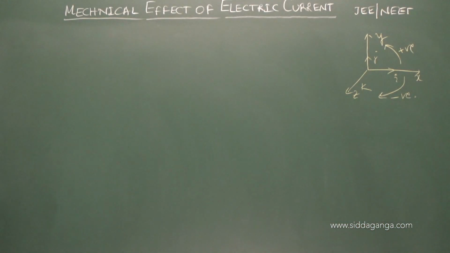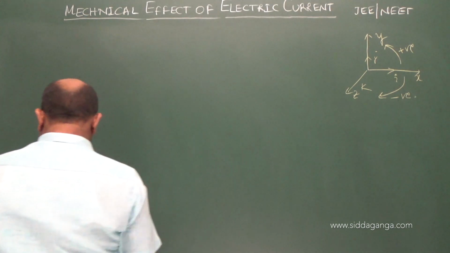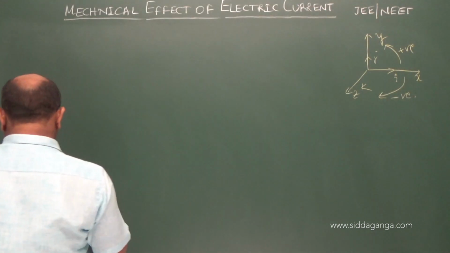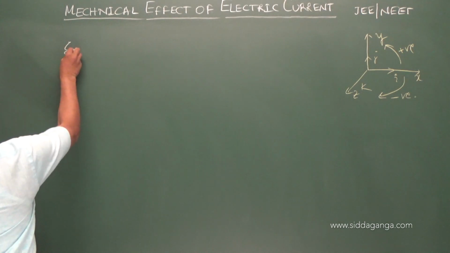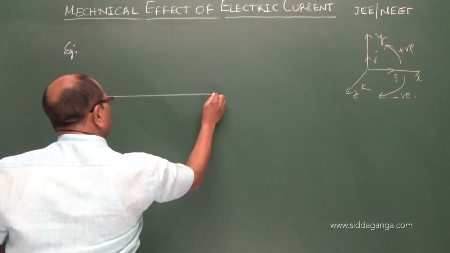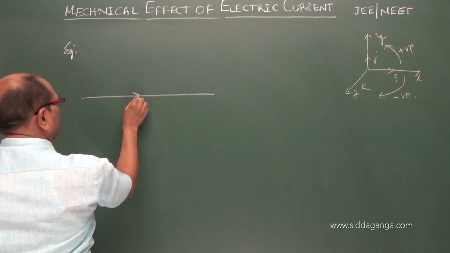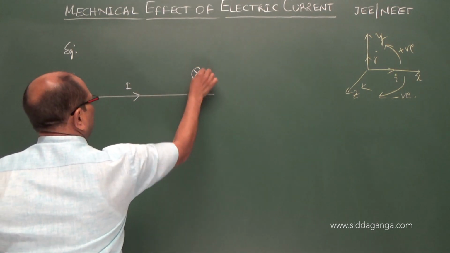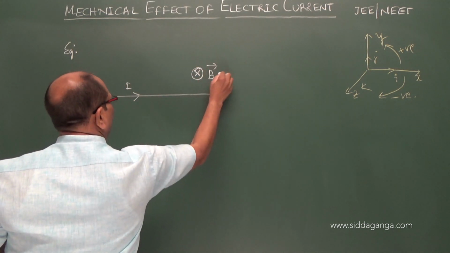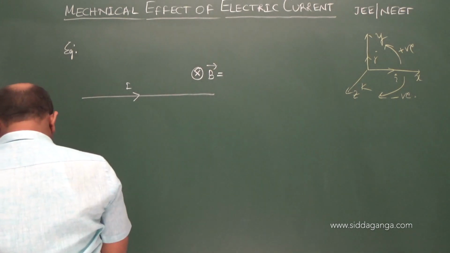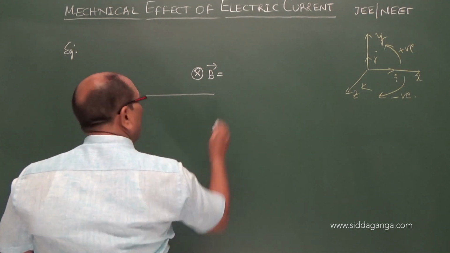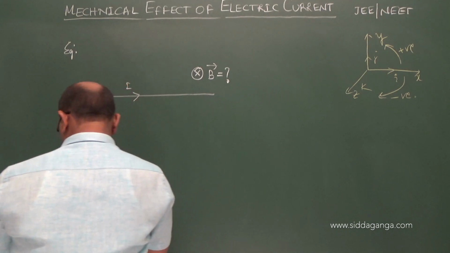So let us take another example. A wire freely suspended in mid-air. The wire is freely suspended by the support of the magnetic force. The field is acting into the board, and you have to calculate its magnitude.